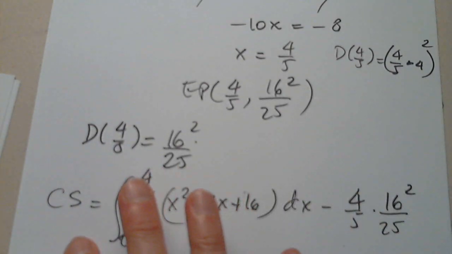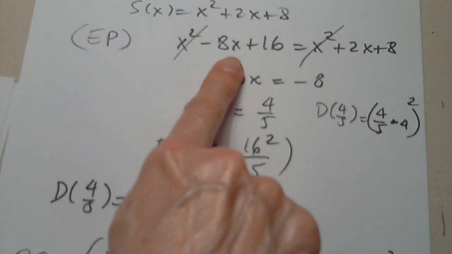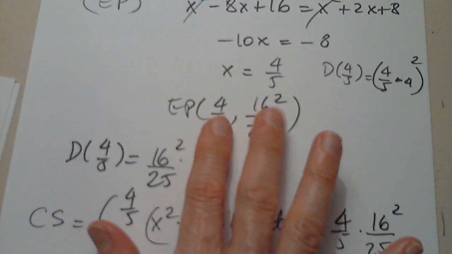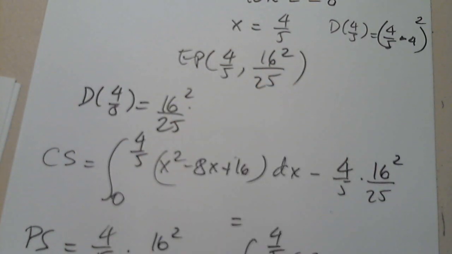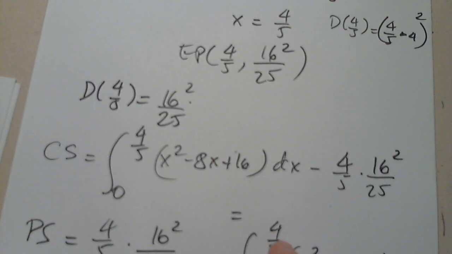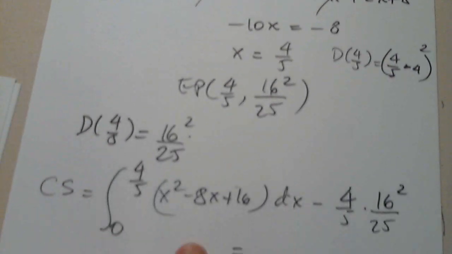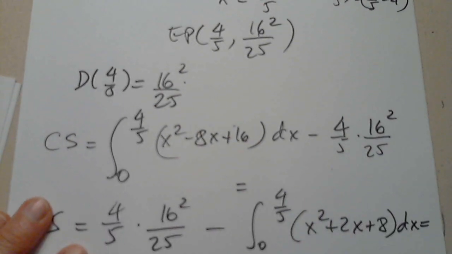So consumer surplus from 0 to 4/5 from the demand function minus the area, this product. The producer surplus is this product minus the integral from 0 to 4/5 from the other function, from the supply function, dx. And we can plug it in the graphing calculator and determine the numbers. Is this okay?